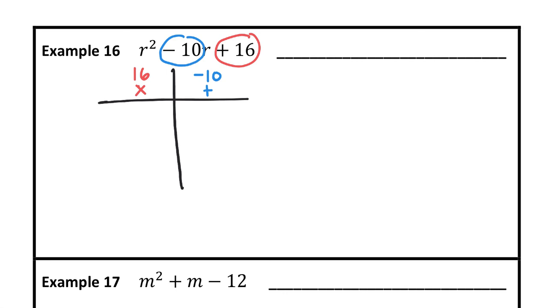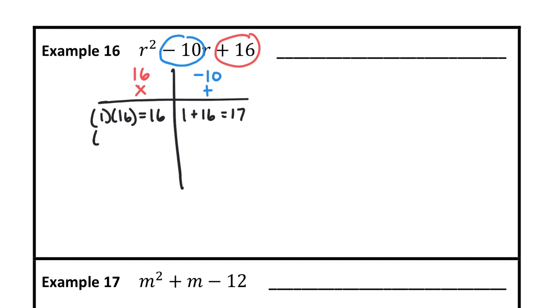Okay, so two numbers that multiply to give me 16. You could say 1 times 16, that gives me 16. But what do I get if I add 1 and 16? That gives me 17. So I don't want 17, I want negative 10.